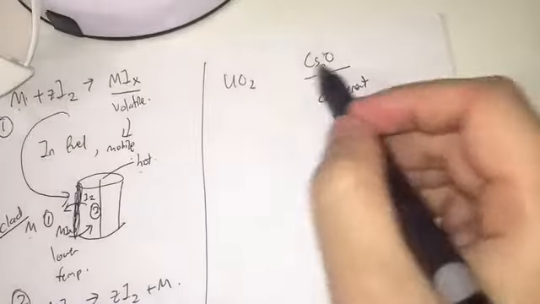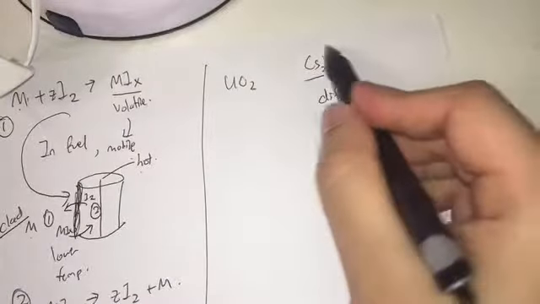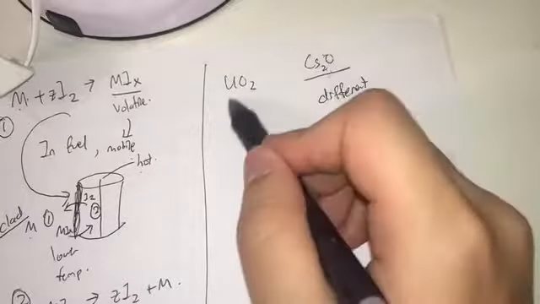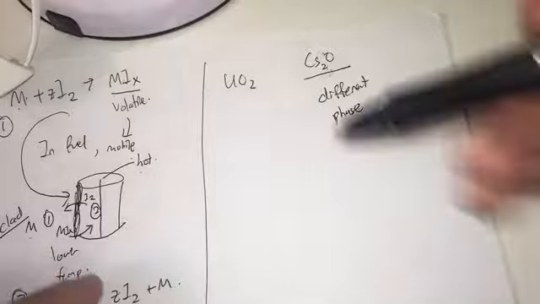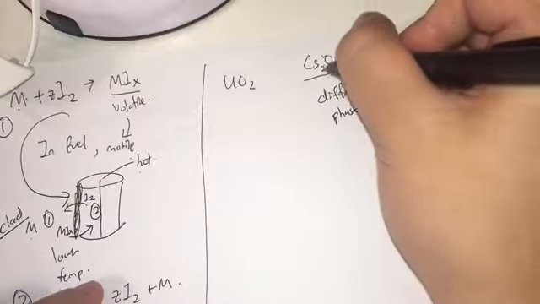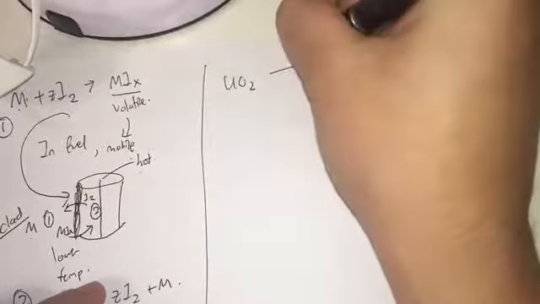How do we know these oxides are different? This one can dissolve in water, this one cannot. That's one way of telling that they are chemically very different. So the oxides of cesium do not mix.